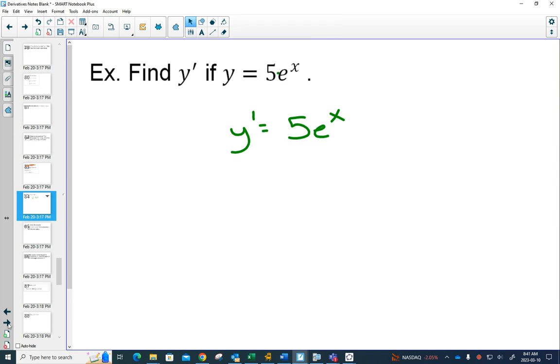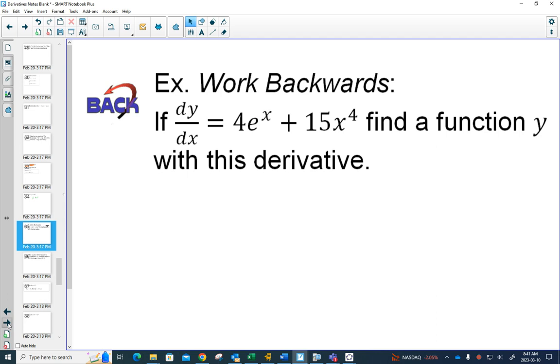Okay, not too bad. If you had to work backwards with an e to the x, it also would not be bad. The original equation would have had a 4e to the x, and this would have had an x to the 5.